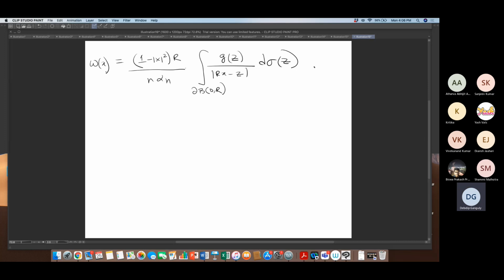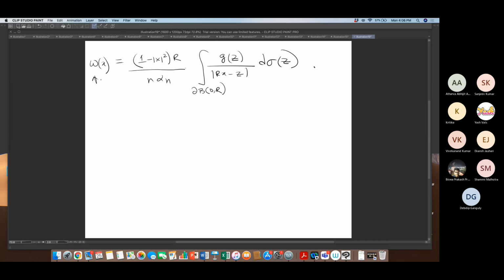We are done, right? What do I have to do now? We want to write back everything in V, because this is in W. Now I have to write that everything is in V. What do I have to do?